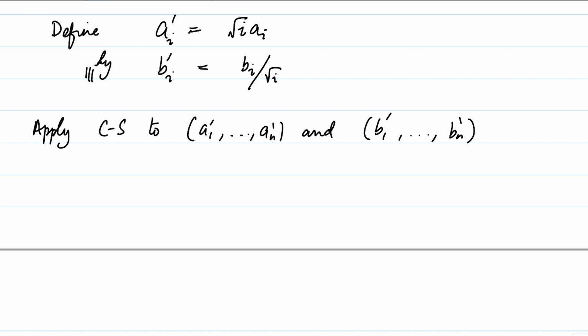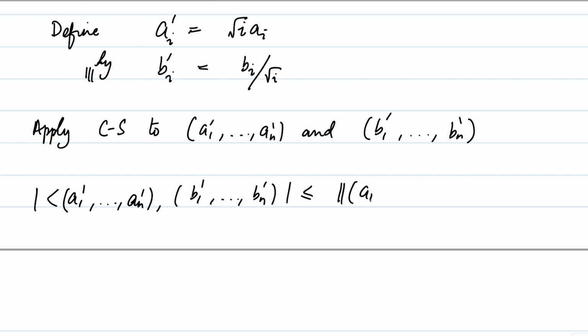What will be the LHS? The LHS will be the absolute value of the inner product of a1 prime to an prime and b1 prime to bn prime. This is less than or equal to the length of a1 prime to an prime times the length of b1 prime to bn prime.